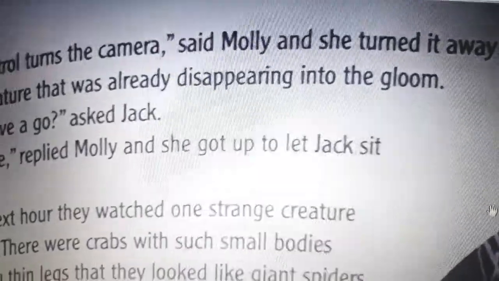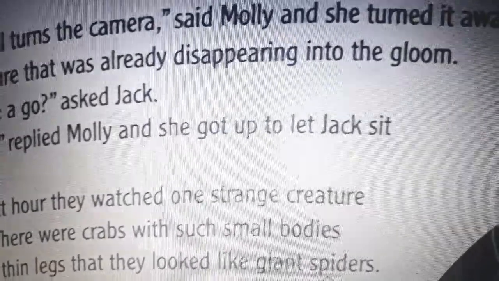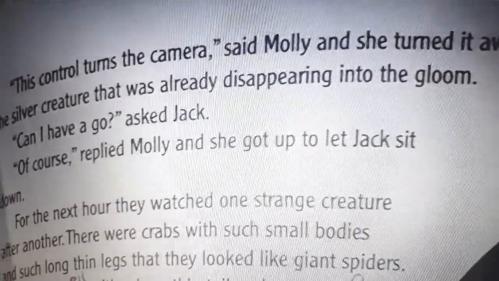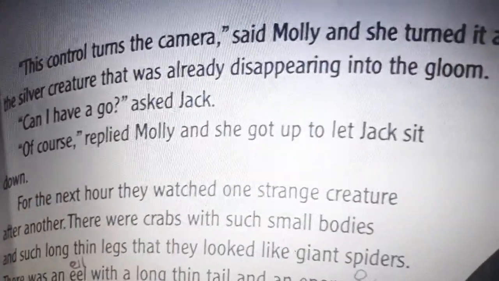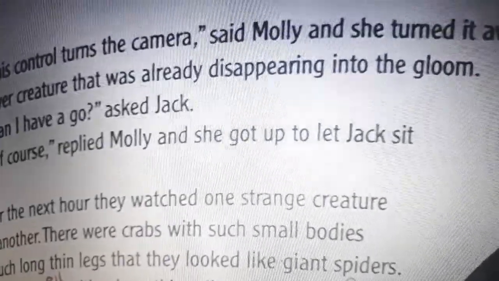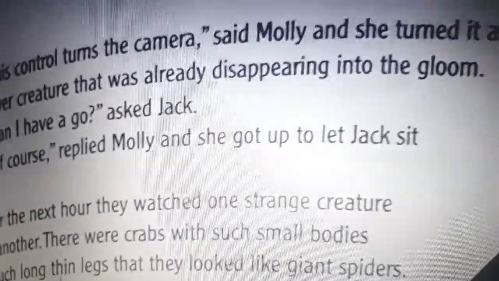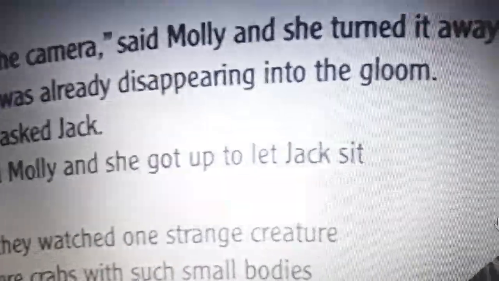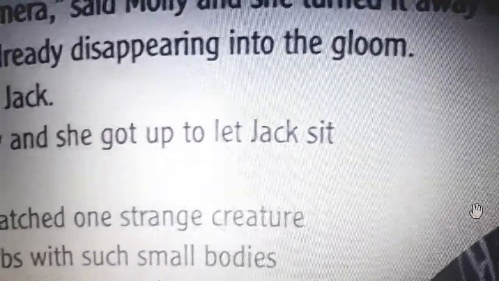Where was that creature disappearing? If I ask you this question, where was that silver creature already disappearing, what will the answer be? The answer will be it was disappearing into the gloom. Gloom here means into the darkness.